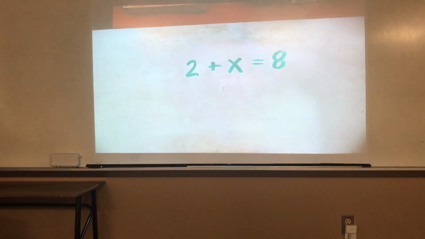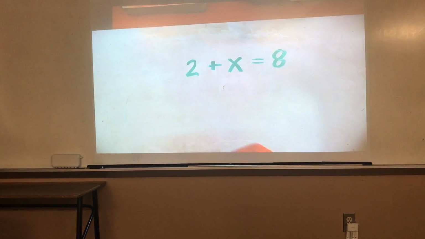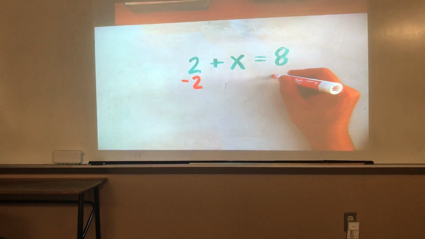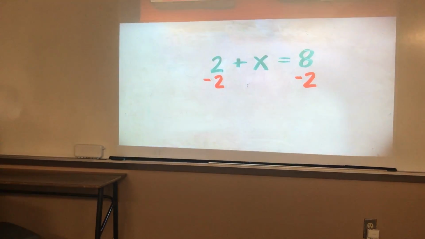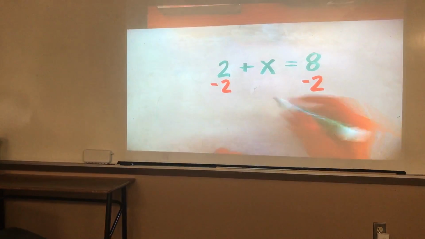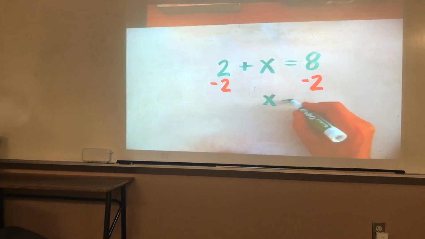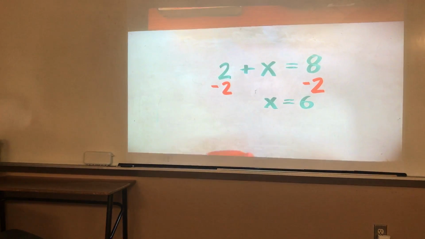Johnny, can you tell me what we're going to do first? Very good. All right. Minus 2 over to the other side. Minus 2. So this is going to give us our answer pretty quick. That's why it's a one-step equation. x equals 6. There we have it.